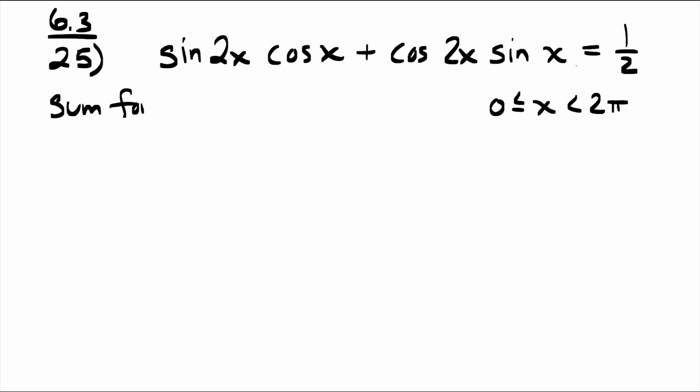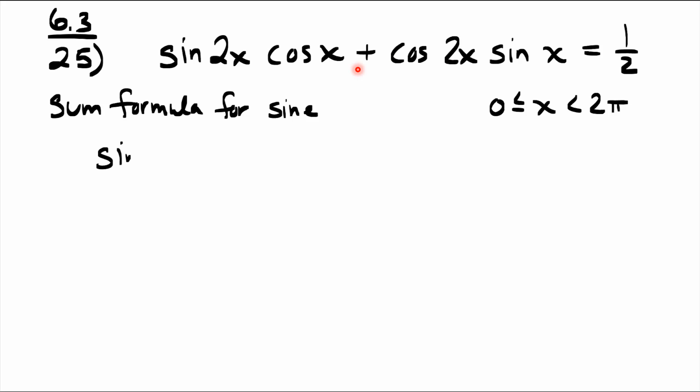So if you looked at your sum and difference formulas, you found out that this is a sum formula for sine. The sum formula just means sine of A cosine B plus cosine of A sine B would give us this right here.